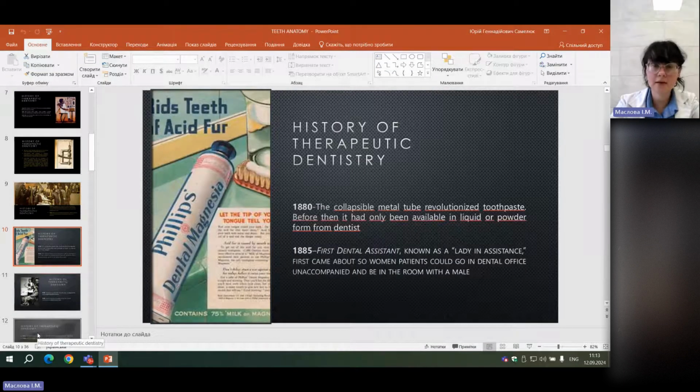1890s, the collapsible metal tube revolutionized toothpaste. Before then, it had only been available in liquid or powder form from dentists. The first dental assistant, known as a lady in assistance, first came about so a woman patient could go into a dental office unaccompanied and be in the room with a male.